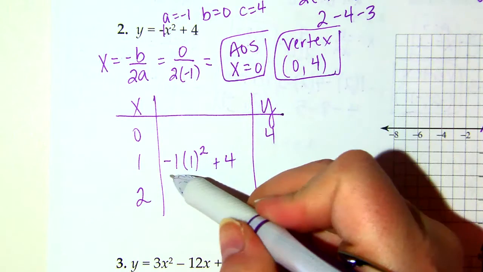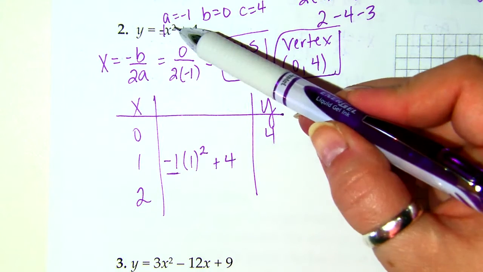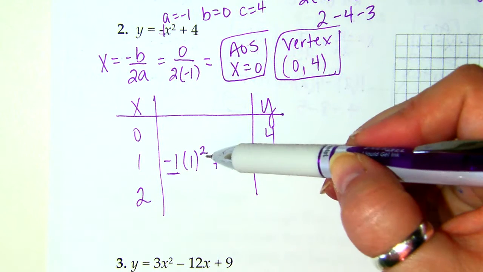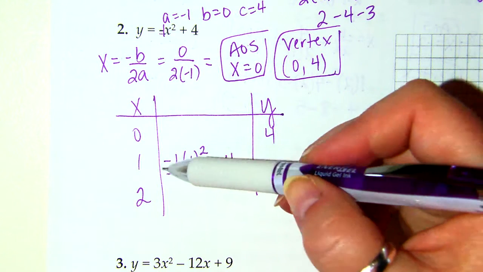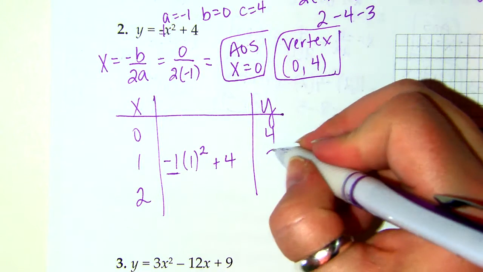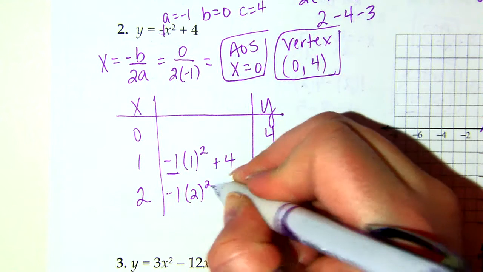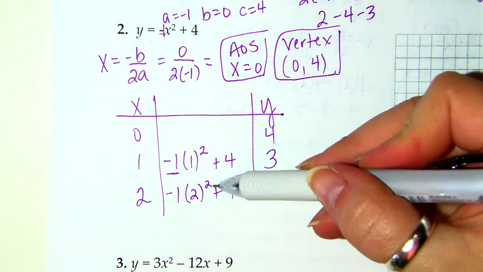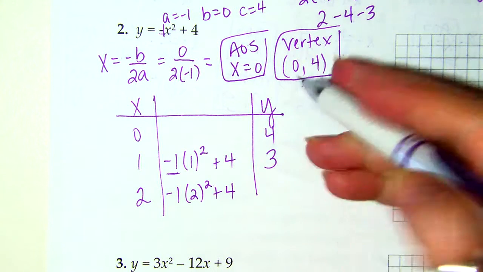Don't leave this off because you're going to mess up if you forget to write that. -1 x squared. So 1 squared is 1, and then we have to take it times -1. So -1 plus 4 is 3. And then plug in 2. So 2 squared is 4, times -1 is -4, plus 4 is 0.